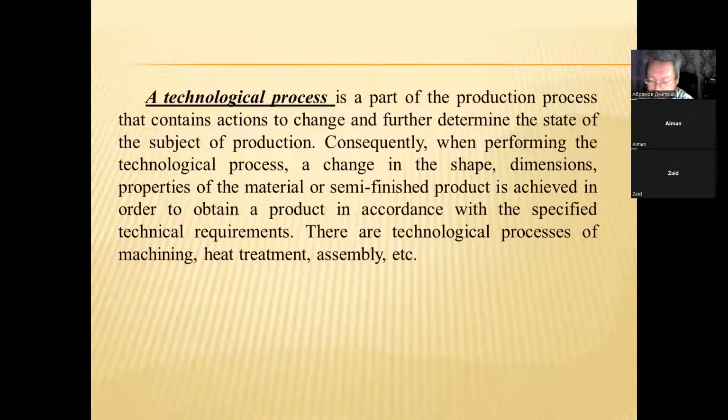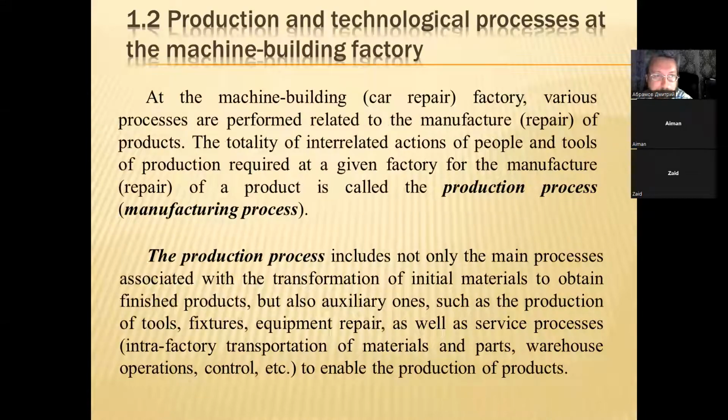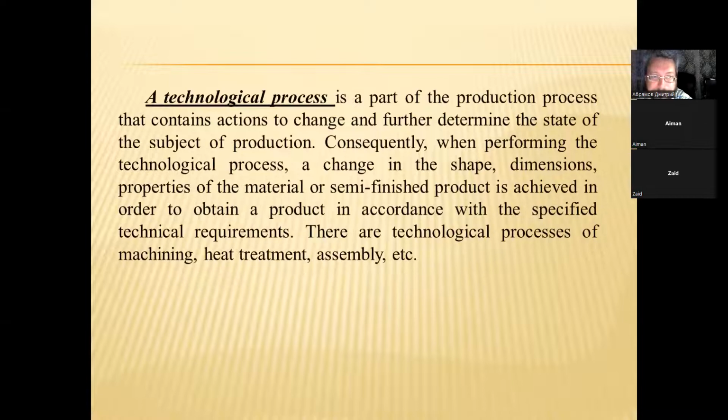And it was a production process. And what is a technological process? A technological process is a part of the production process that contains actions to change and further determine the state of the subject of production.